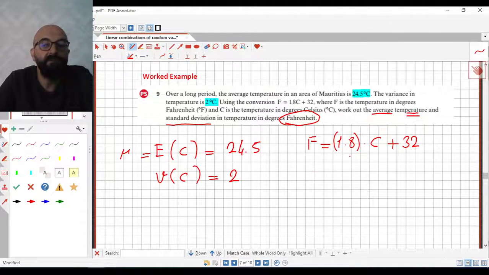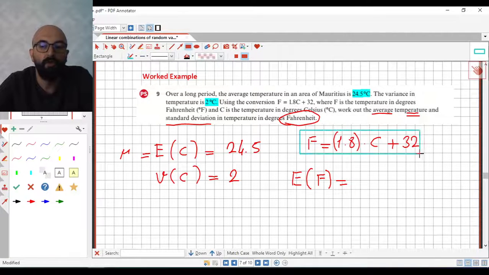We want to work out the average in degrees Fahrenheit, so we want the expectation of Fahrenheit. I can write this expression instead of F.